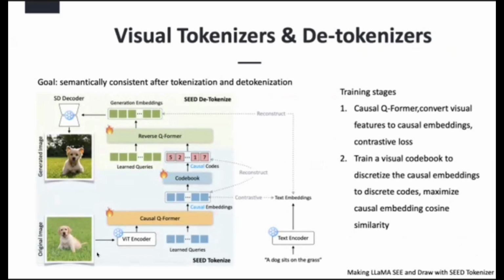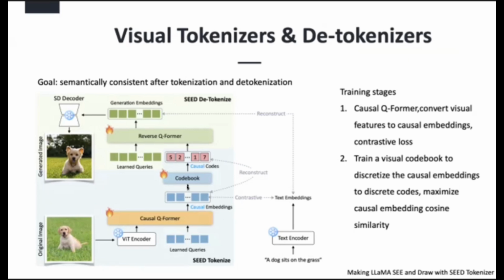Given an input image, SEED first trains a causal Q-Former, which projects the image feature from the encoder to causal embeddings. The causal Q-Former is trained via a contrastive loss. After that, they train a visual codebook to discretize the causal embeddings into discrete codes.